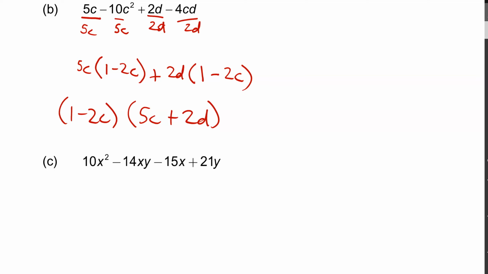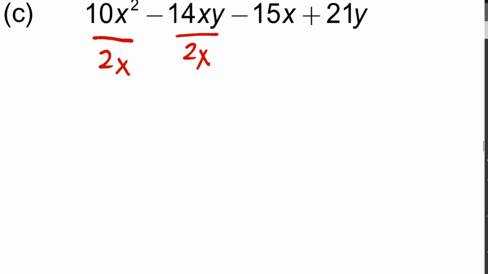Just a moment. I'm writing this down. Okay. So, here we go. Greatest common factor between 10x squared and 14y. 2x, because there's no y in the first term. So, if I pull out a 2x, I'm left with 5x and minus 7y.